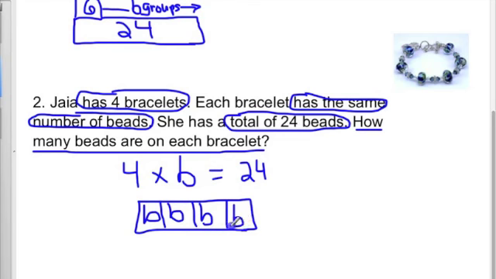That remains the same. Now we're going to take our total to show that it equals 24, and we're going to put our 24 here. And that would show the model 4 times b equals 24. This describes the words from the word problem.